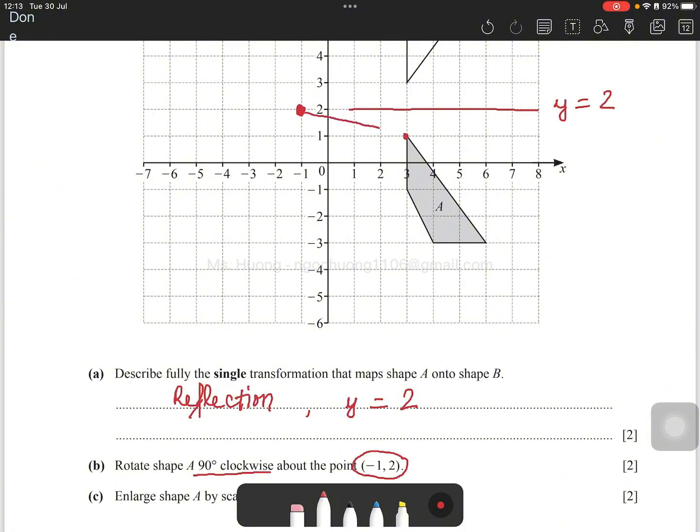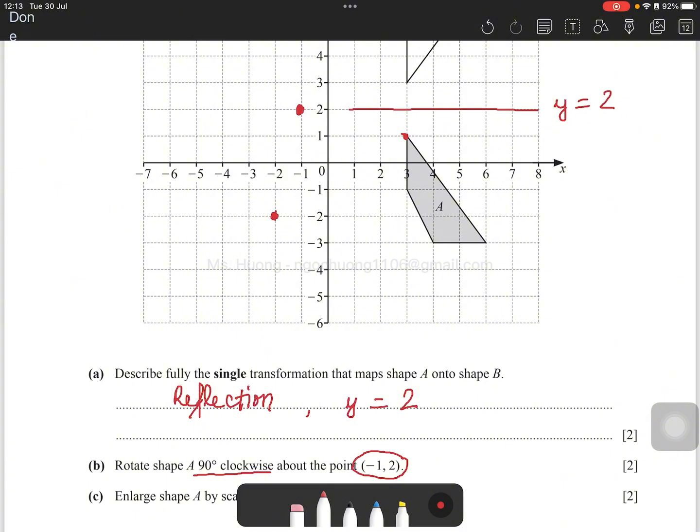And now we rotate it 90 degrees clockwise. So the image of that vertex is here. So I'll remove this line. We have the first vertex of the image.